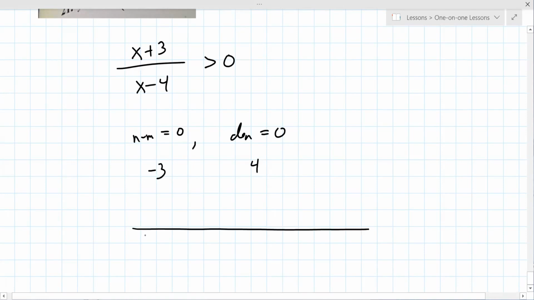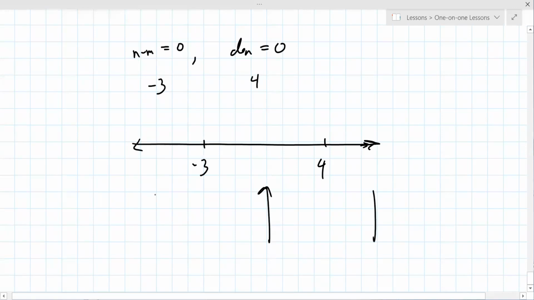This is a good example of one where I don't really know what the graph looks like, so you can test points in each region. You can test 0 and then 5 and then -5, and you're testing them back in x plus 3 over x minus 4. Most students struggle because they don't understand that you don't care what the number is. You care whether it's positive or negative, because you just care whether it's above the axis or not. At 0 it becomes 3 over -4, a negative number.